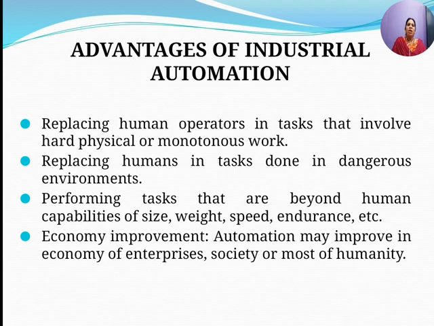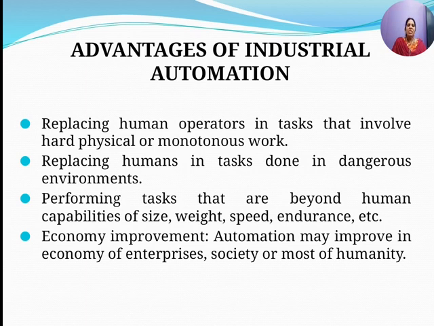They are replacing human operators in tasks that involve hard physical and monotonous work. When people feel very bored doing the same work again and again, that type of work is called monotonous work. They are replacing humans in tasks done in dangerous environments, where hazardous chemicals or high temperatures are used, where human access is not easily possible.